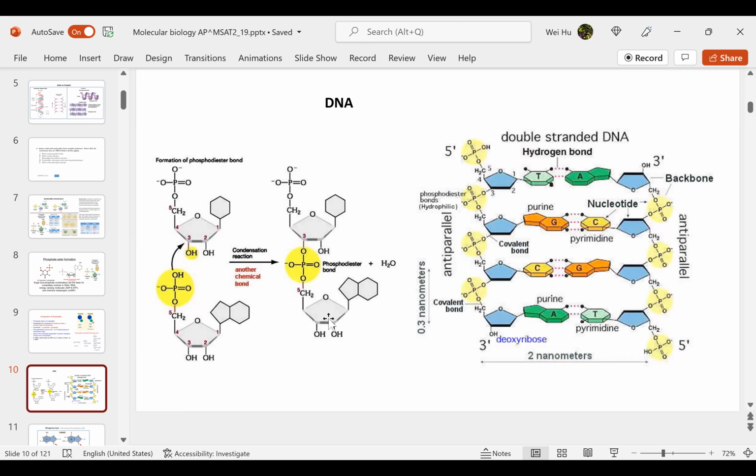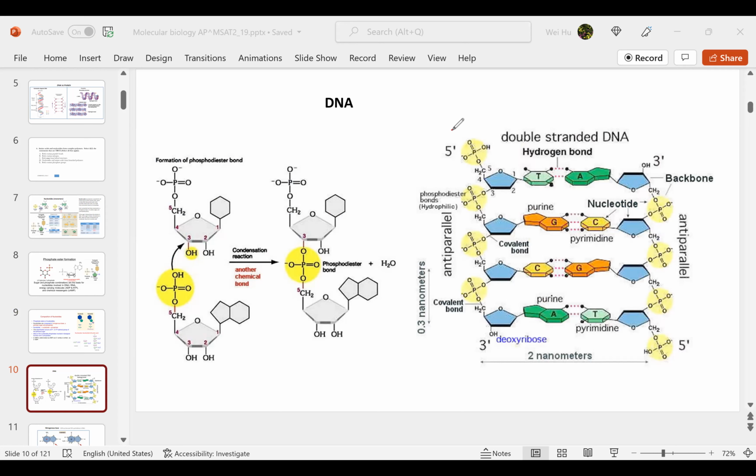How do you actually make this bond, the covalent bond? You can see this is the 5' end, right? So here is your nucleotide. Let's make this group.